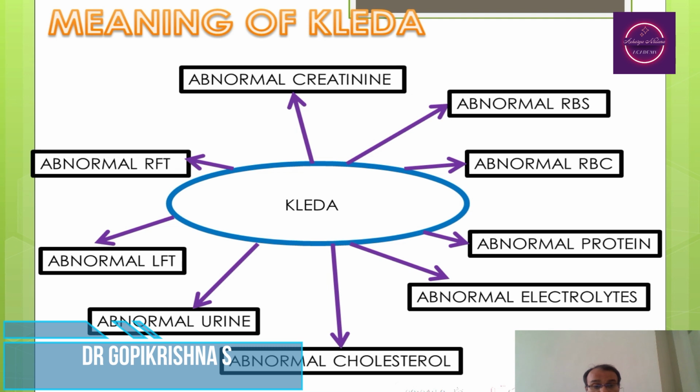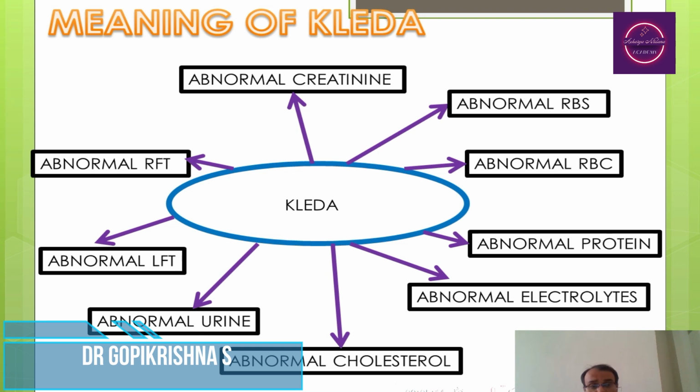Then the abnormal urine, that means reduced urine, that is anuria, less than 100 ml of urine, or less than 500 ml of urine, oliguria, or increased quantity, that is polyuria, all that is coming under the abnormal Kleda.